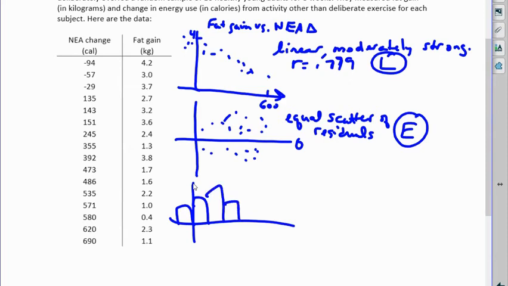So I'm just going to quickly draw a rough histogram, and I'll just say that there were no outliers, and it was roughly symmetrical.